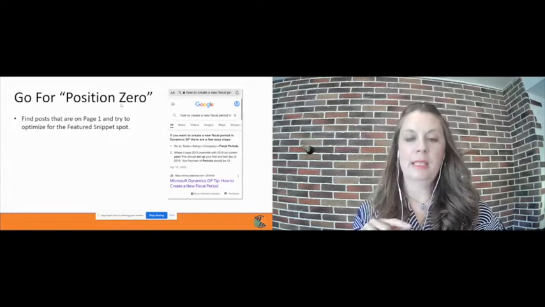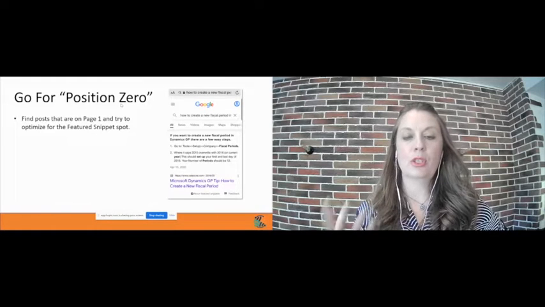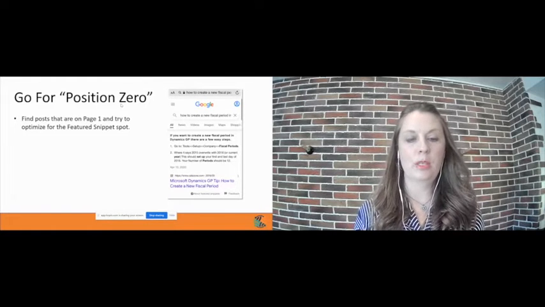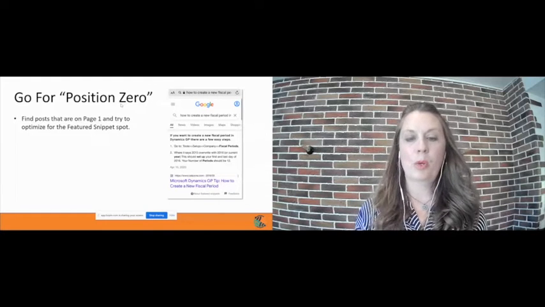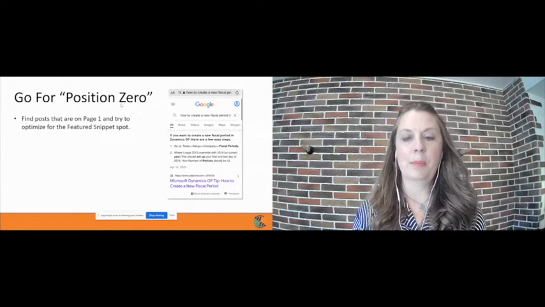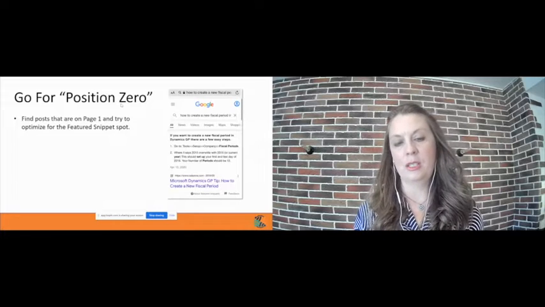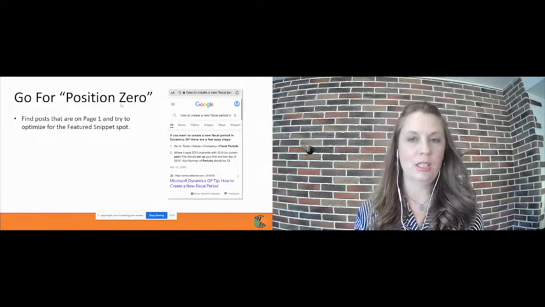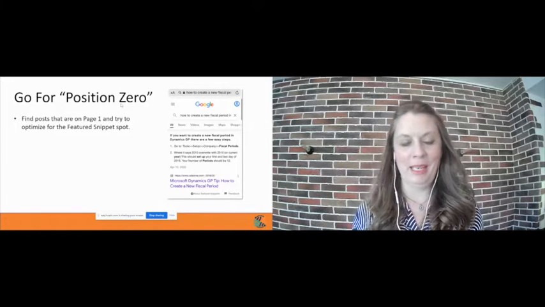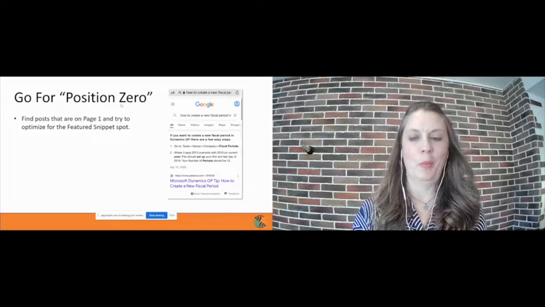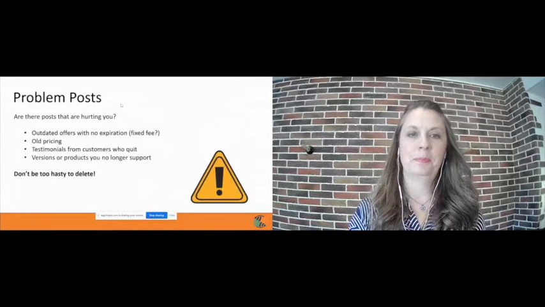So if you have content that's ranked on page 1, but the search results for your targeted keywords display a featured snippet from someone else, updating your post and optimizing it for that featured snippet could earn you the position 0 spot, which can significantly drive traffic to your site. So first get on page 1, then go for the snippet. And I'll talk about the snippet a little bit more in detail later on in the presentation.